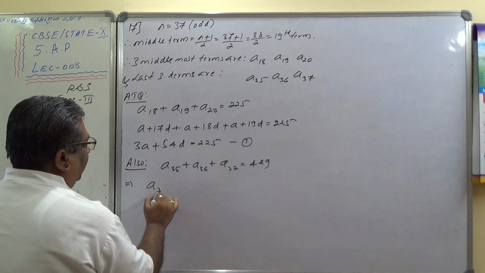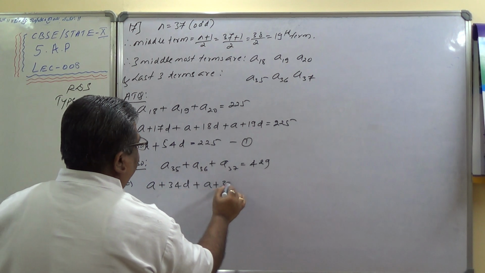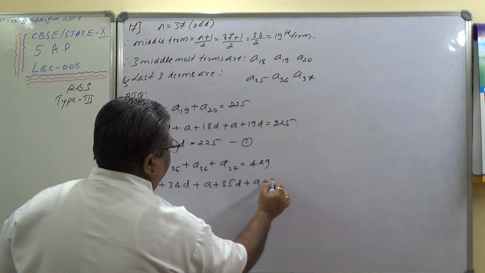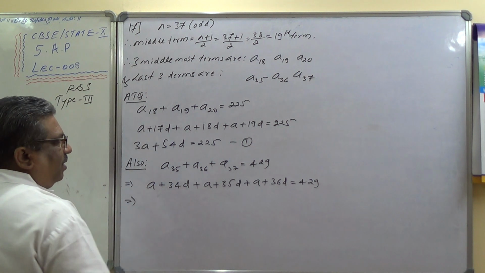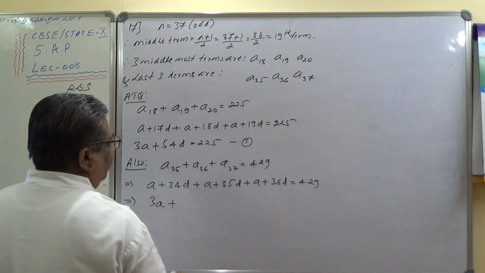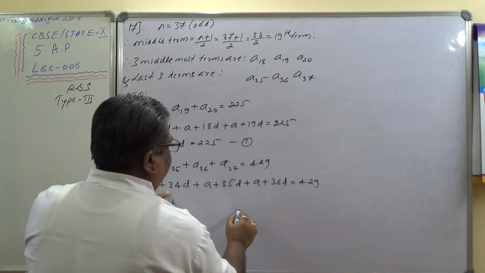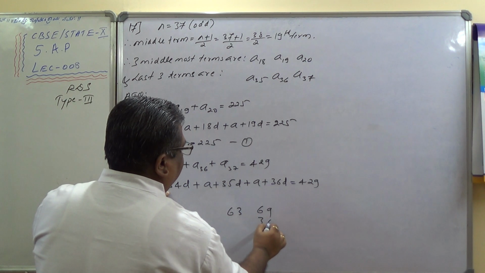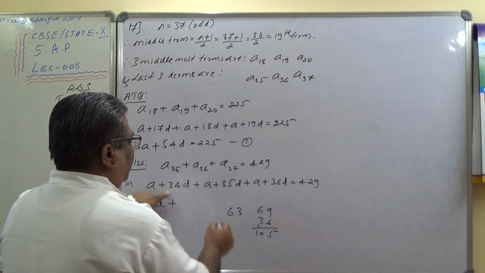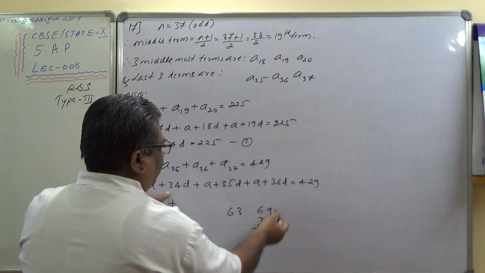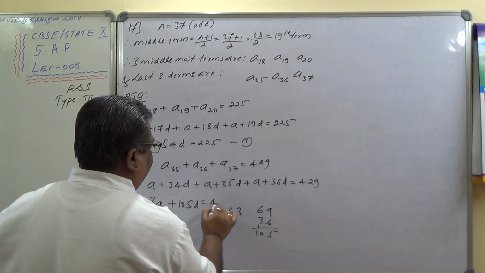This implies A35 is nothing but A plus 34D, A plus 35D, A plus 36D equals 429. 3A plus 34 plus 35 is 69, plus 36 is 105, 105D equals 429.